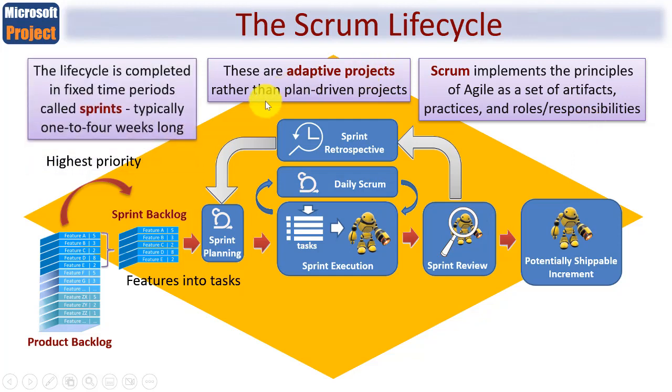Now with Scrum, rather than having a Gantt chart with a time frame possibly split into management stages, a Scrum lifecycle is completed in fixed time periods called sprints. These sprints are also called time boxes, one and the same. However, Scrum uses the term sprints, and each sprint is typically 1 to 4 weeks long.